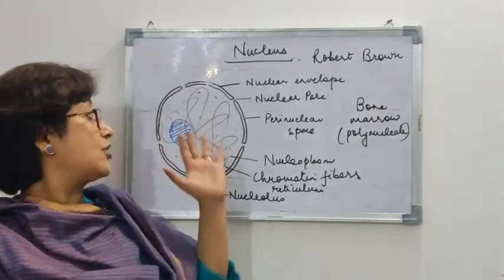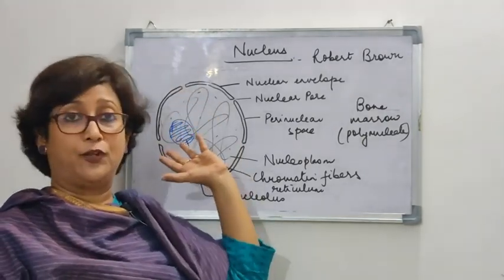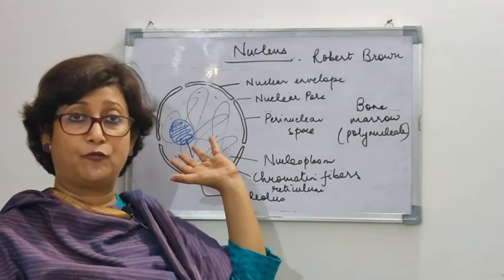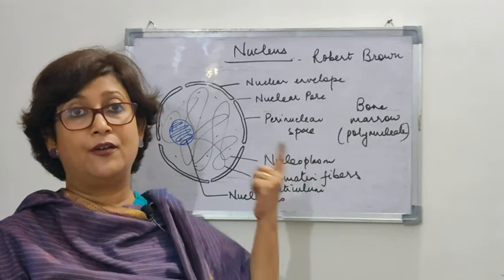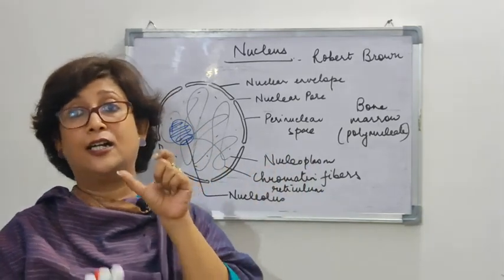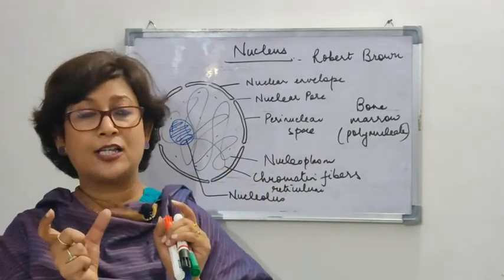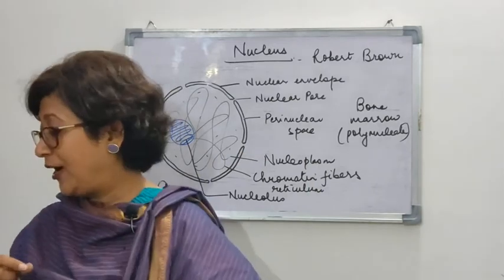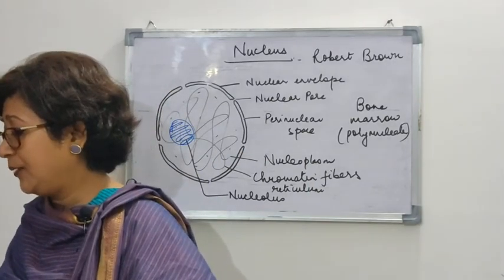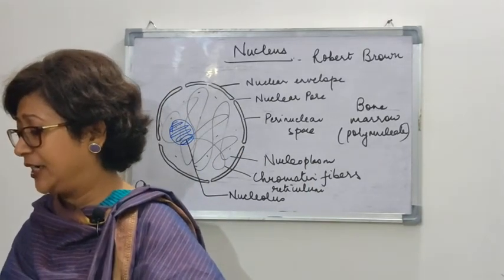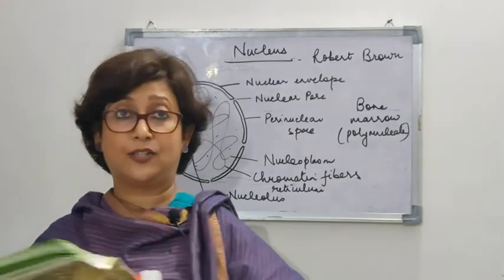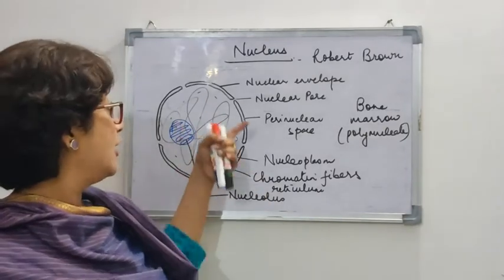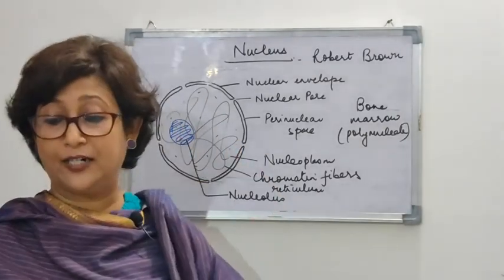In one stage you will find the chromatin arranged in a network form, and at another stage you will find the presence of chromosomes, right? In the interphase, it has a loose and indistinct network of nucleoprotein fibers which are called the chromatin. So this is the interphase stage of the cell division.